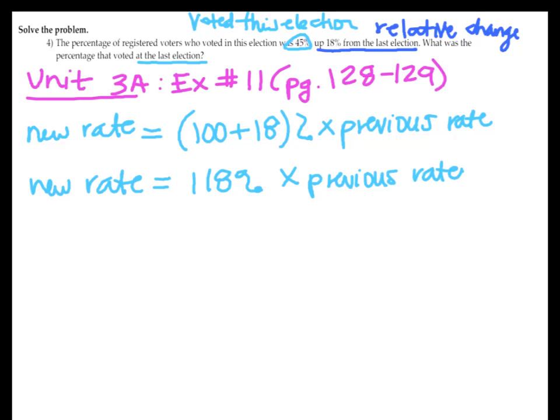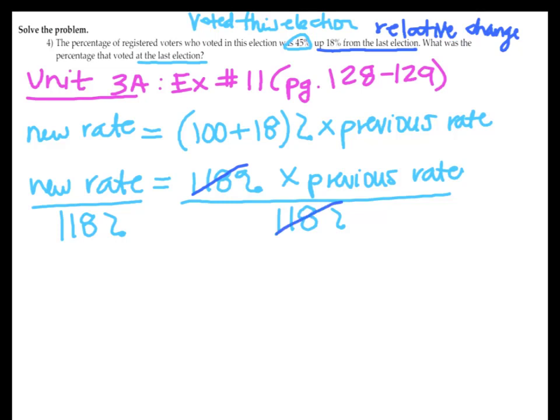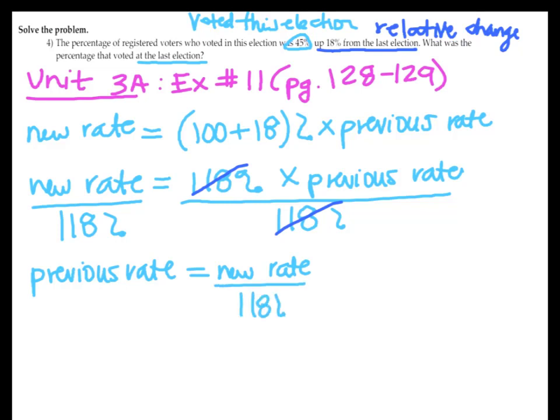And to solve for the previous rate, we can divide by 118% on both sides. So 118% on the right-hand side will cancel out, and we are left with previous rate equals new rate over 118%. Okay?